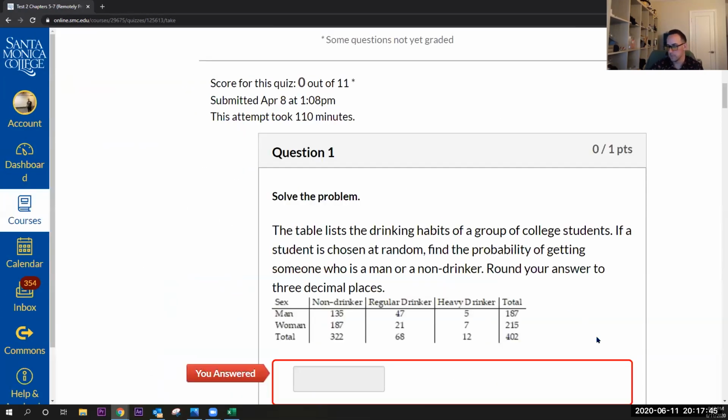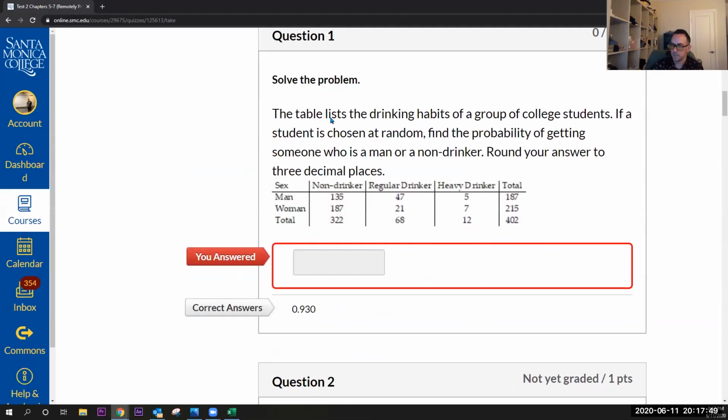All right. Question number 1 says, the table lists the drinking habits of a group of college students. If a student is selected at random, find the probability of getting someone who is a man or a non-drinker. Round your answer to 3 decimal places.